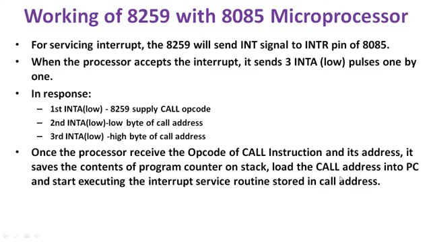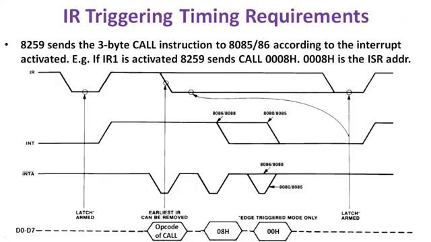So whatever address is sent by the 8259 during the second and third INTA bar pulse, that address will be loaded into the program counter to fetch the first instruction of the ISR.